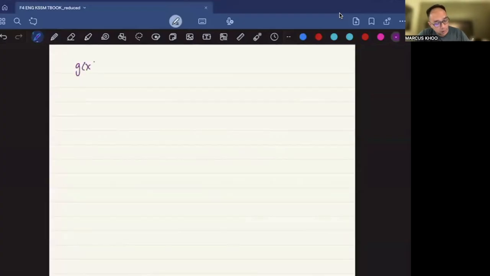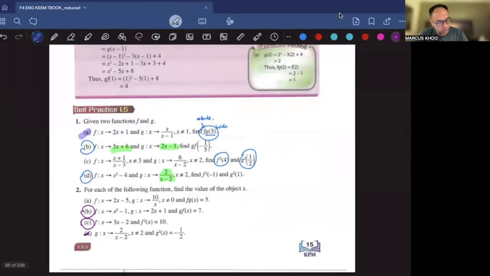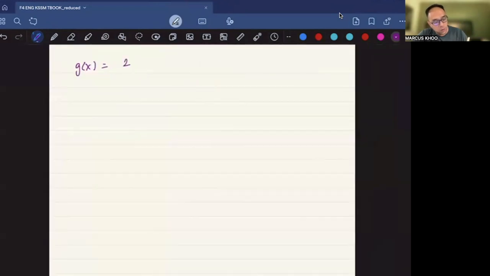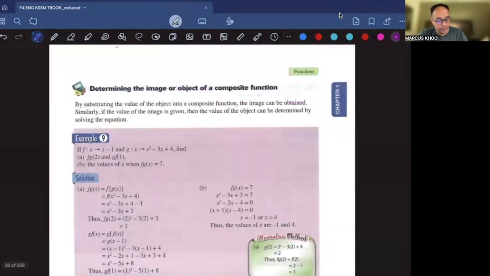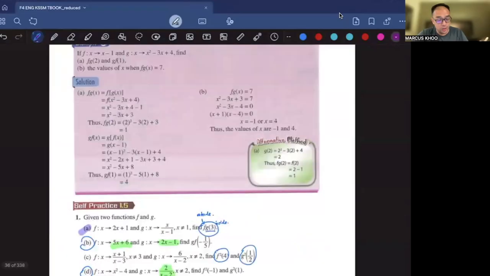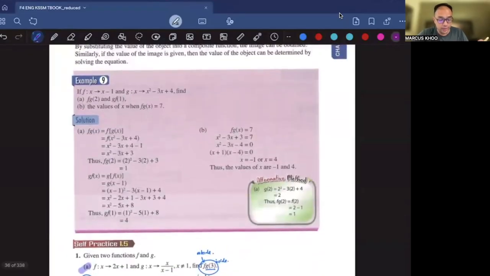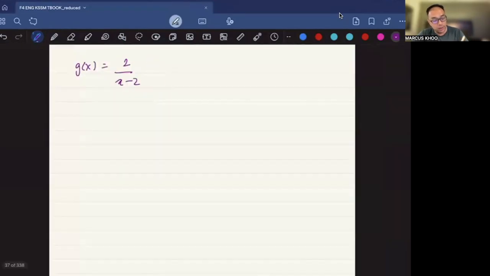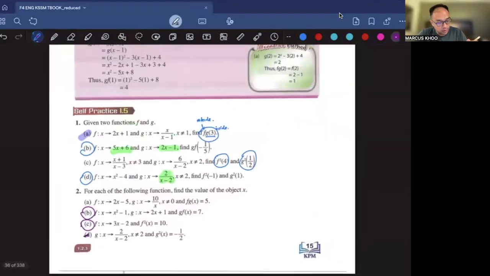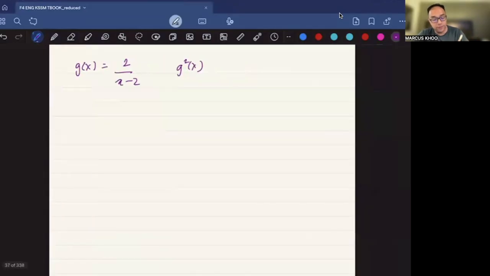g(x) equals 2 over x minus 2. And then it tells you that g squared of x, g squared of x equals negative half.